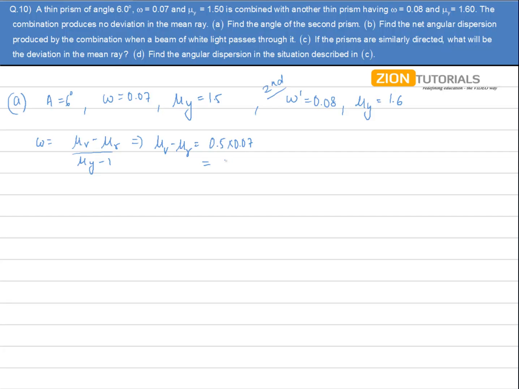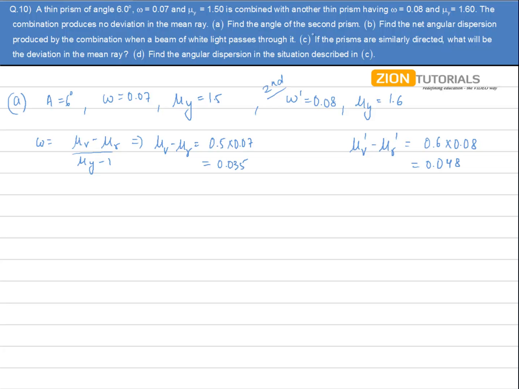So this would be equal to 0.035, right? Similarly, I can get the value of mu v dash minus mu r dash for the second prism, which would be equal to 0.6 into 0.08, which would be equal to 0.048, right? So we got these two values.